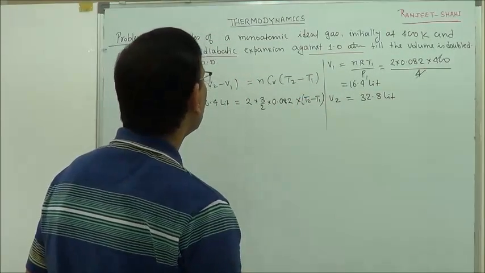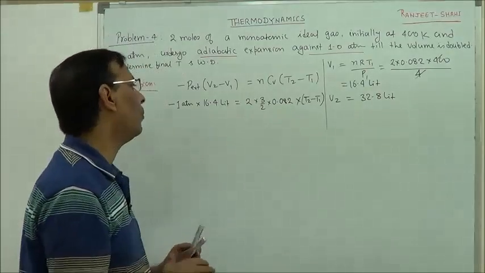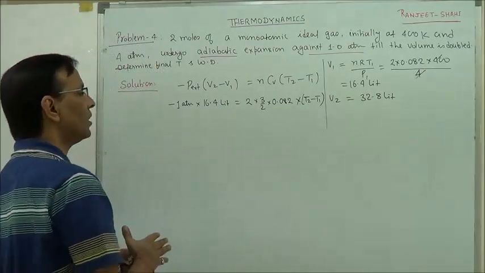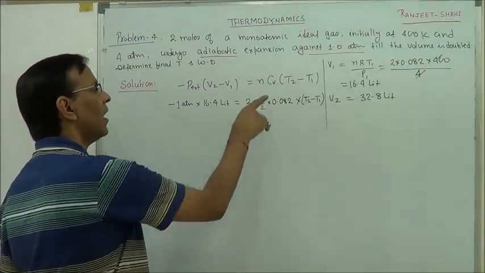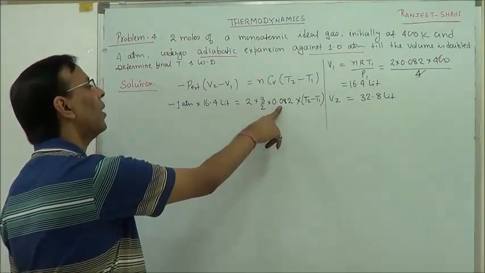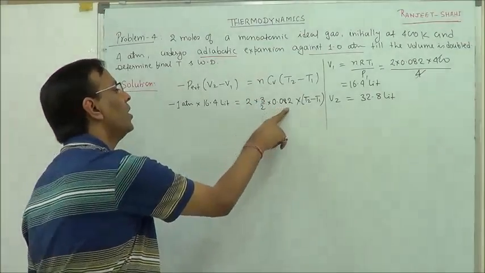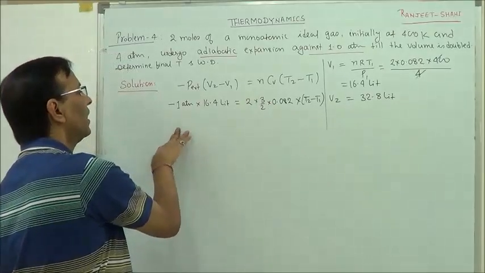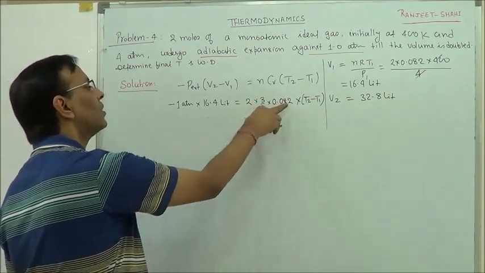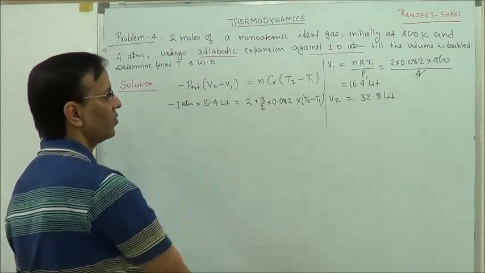A very important thing I must bring to your notice: here I am writing 3/2 R, and the value of R I am taking 0.082, since on left side we have taken liter atmosphere, so this R must also be in liter atmosphere unit.